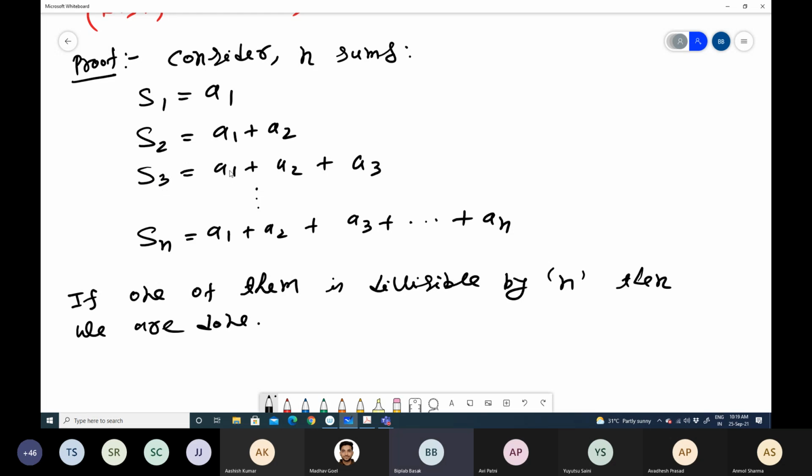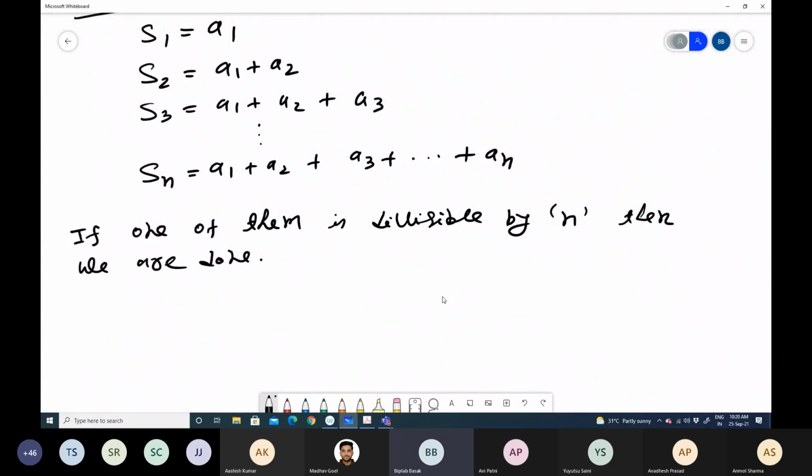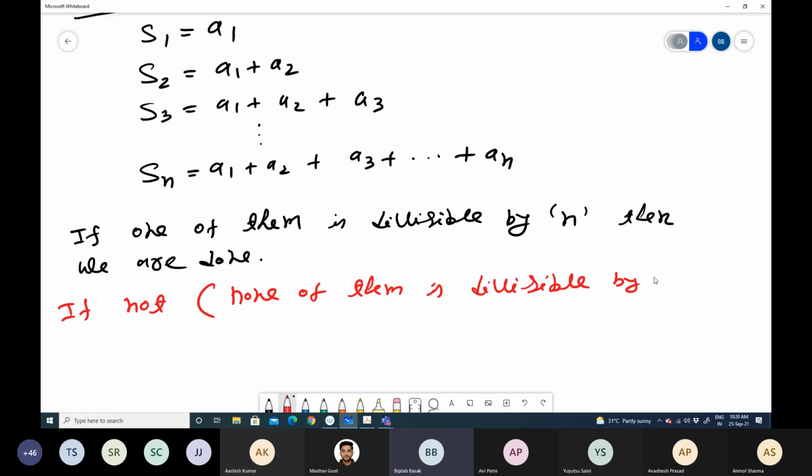That means we have this consecutive sum and that is divisible by n. Now if not, that means none of them is divisible by n.